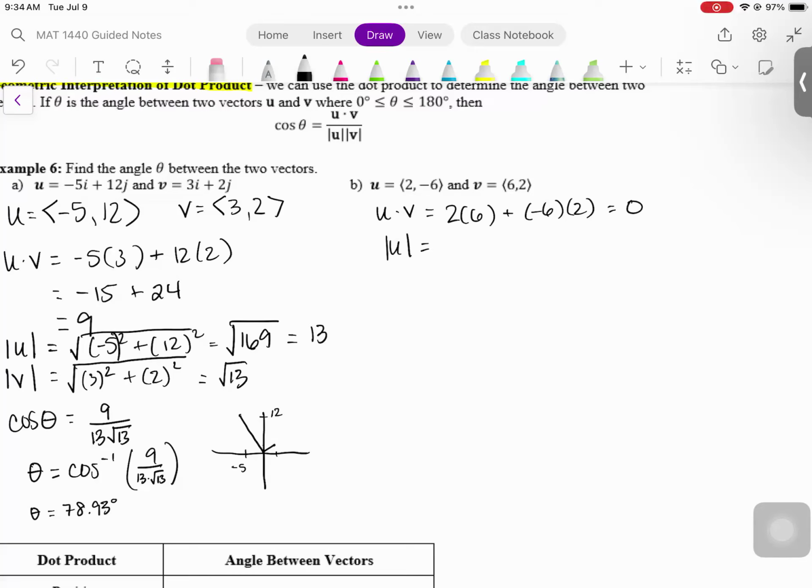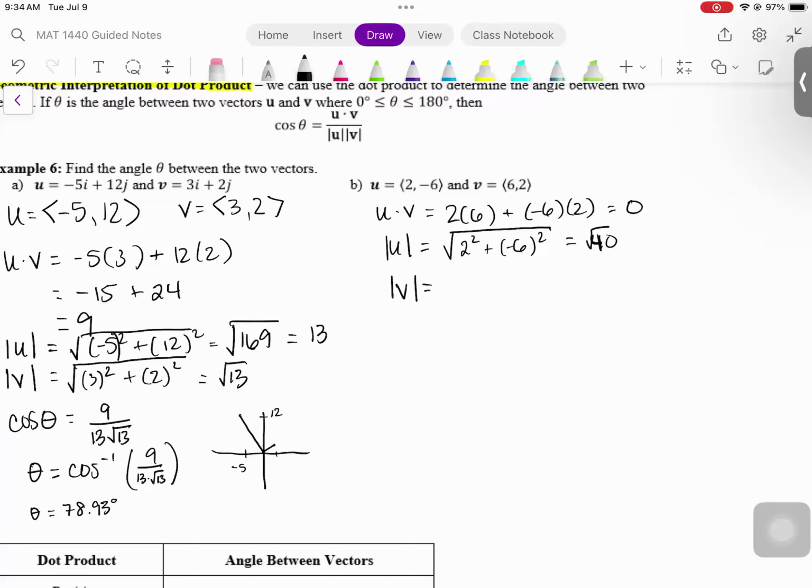The magnitude of u is the square root of 2 squared plus -6 squared. 4 plus 36 is 40, so the magnitude of u is the square root of 40. And again, I'll worry about simplifying later if necessary, but because we're plugging this into a formula, we don't really need to do a whole lot with that.